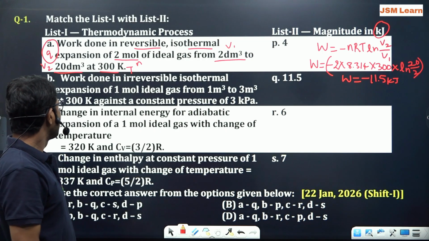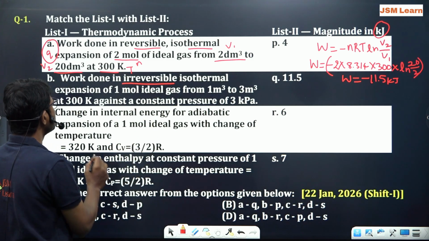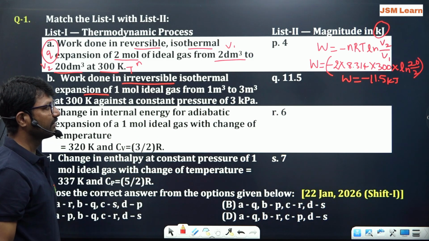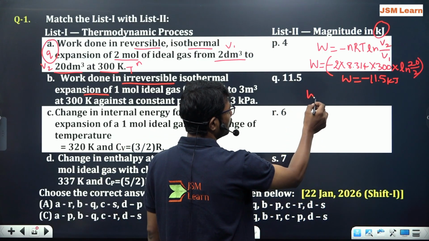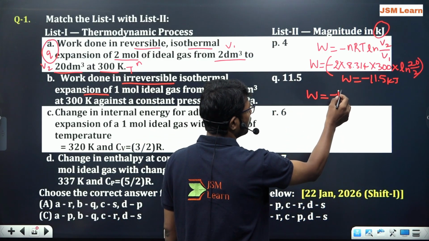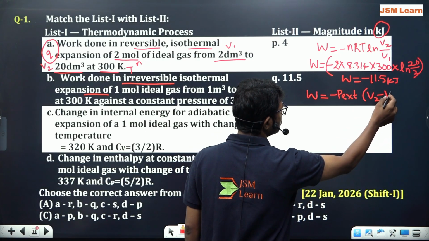Now let us see the B. Work done in irreversible isothermal expansion. Irreversible process. So in case of irreversible, what is the formula we will use? W is equals to minus P external into V2 minus V1.